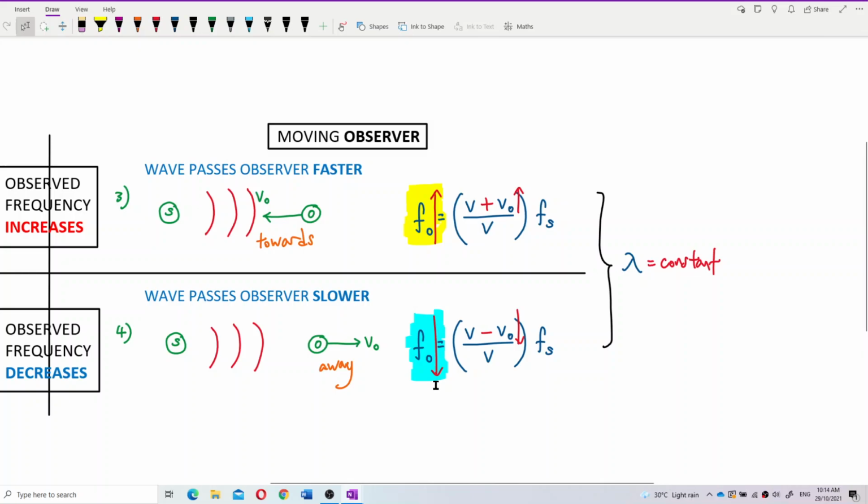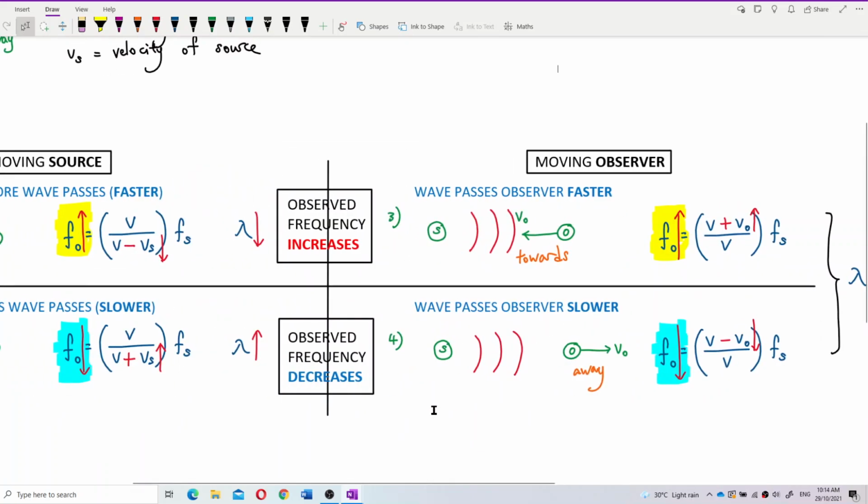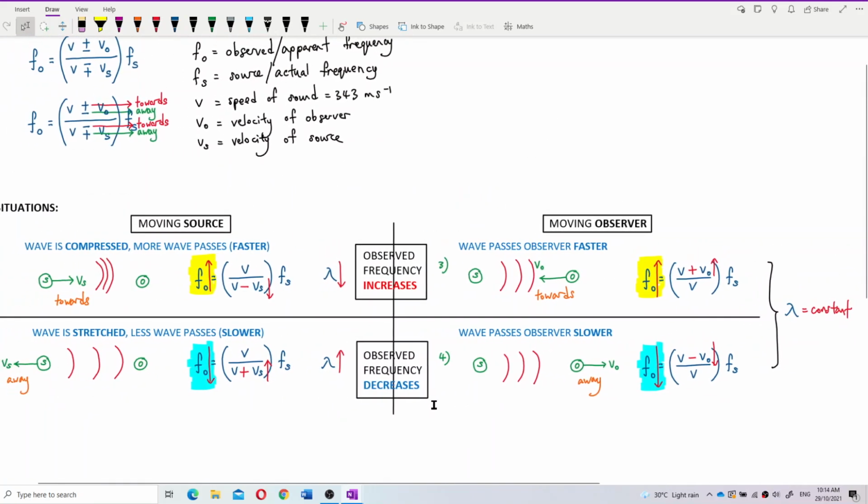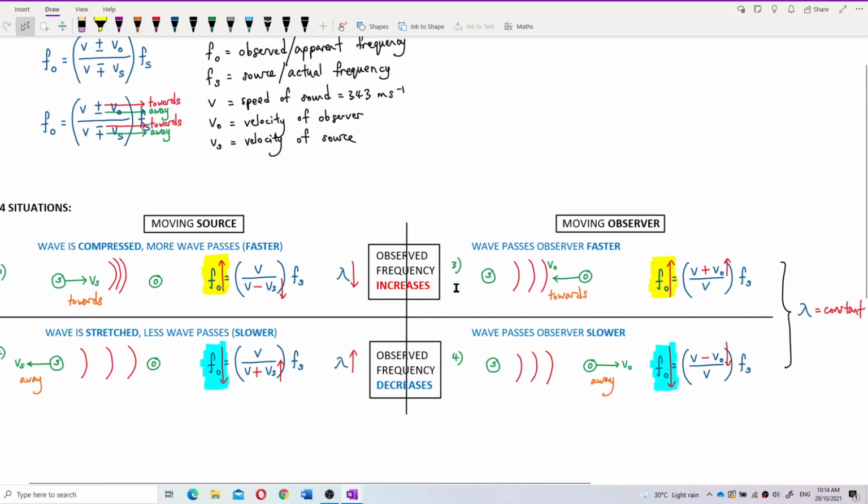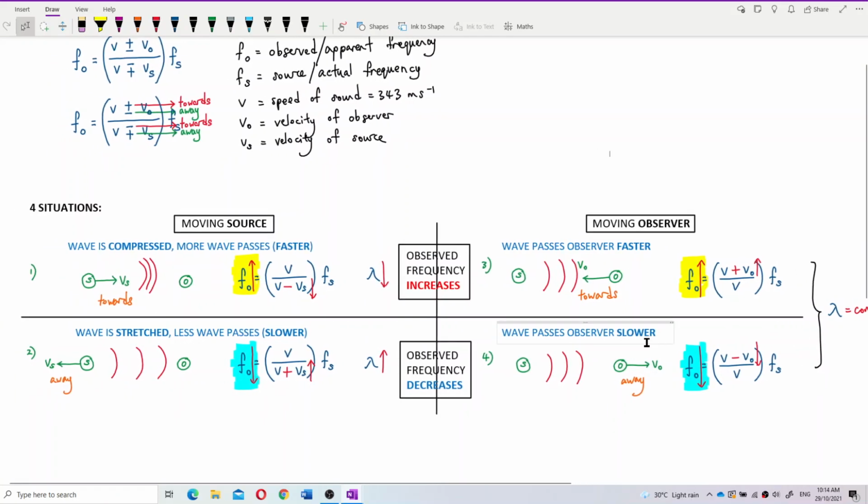Understand? So that's all for this fourth situation: how to identify when to put positive or negative VS, and how to identify when to put positive or negative VO. Okay, so there's one similarity between the moving source and the moving observer. Look at the similarity here.